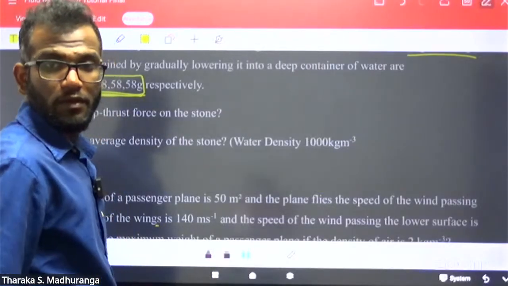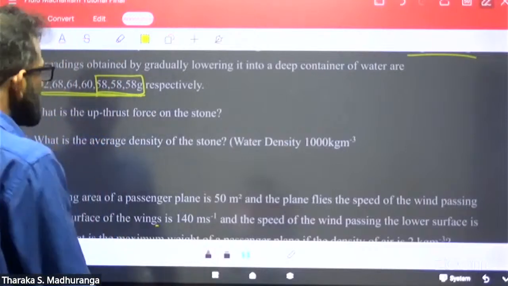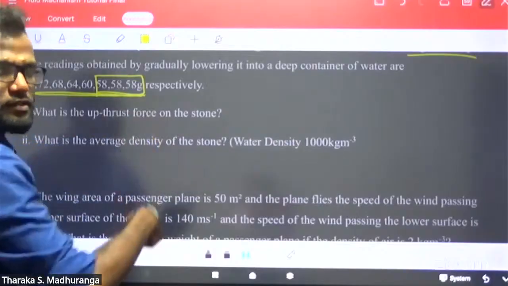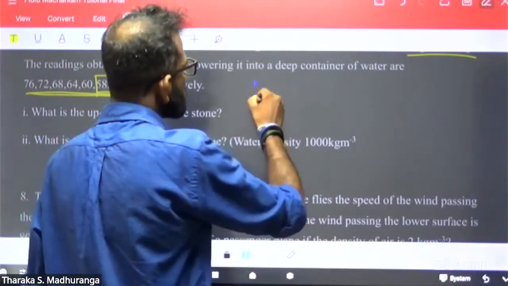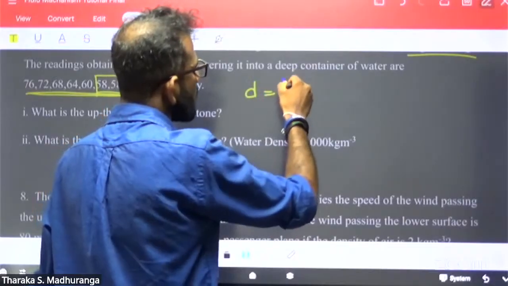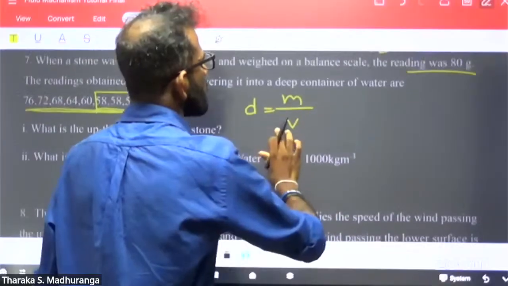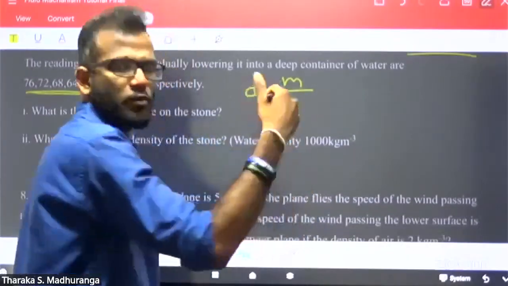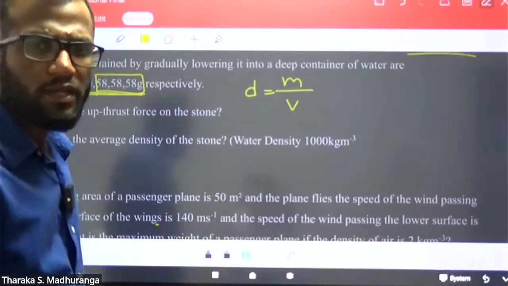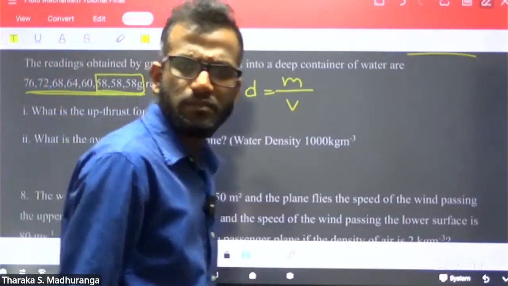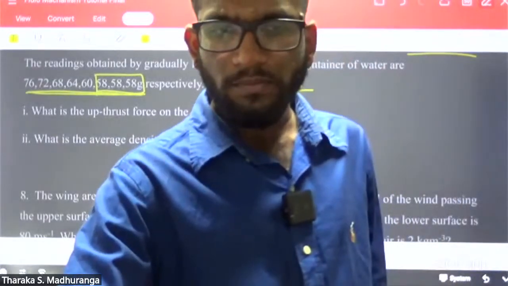What is the average density? To get the density, what is our requirement? Density equals mass over volume. The mass is given already. In the atmosphere, the mass is 80. If you find the volume, you can get the density.